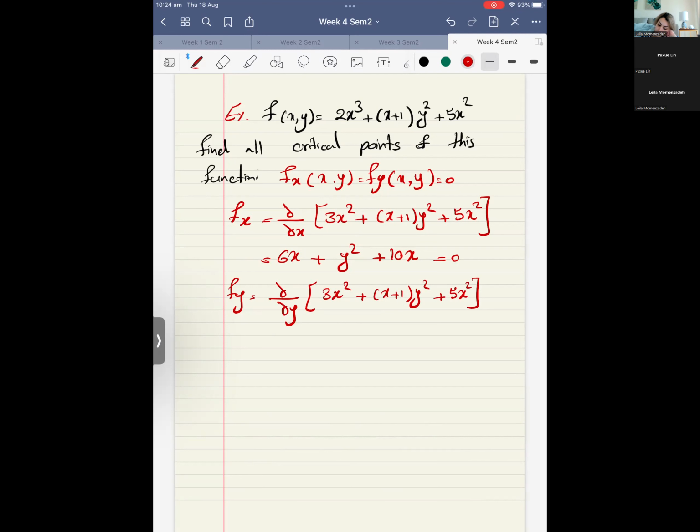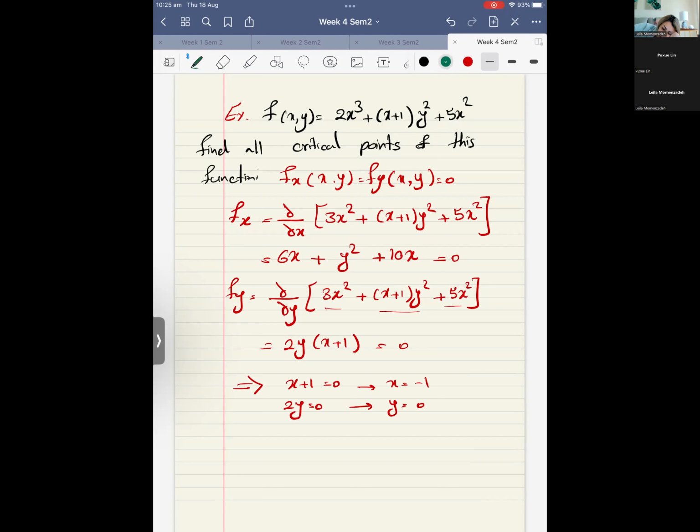Now x is a constant, so the 5x2 term is 0 and just this one remains. It looks like 2y(x plus 1), and this is equal to 0. This is 0 if x plus 1 is 0 or 2y is 0. It means x equals minus 1 or y equals 0.